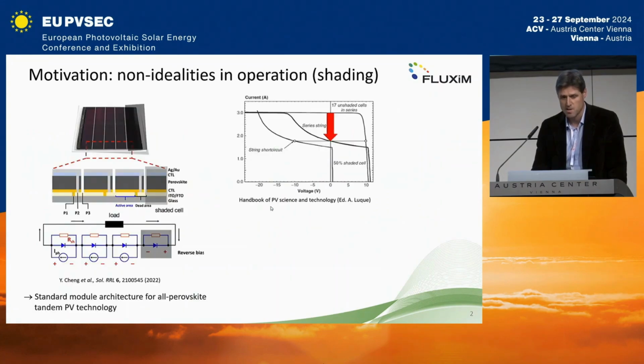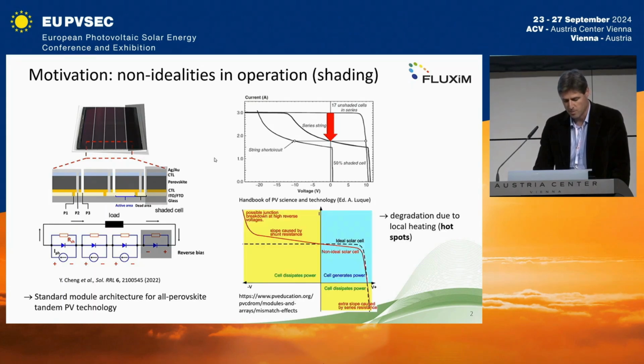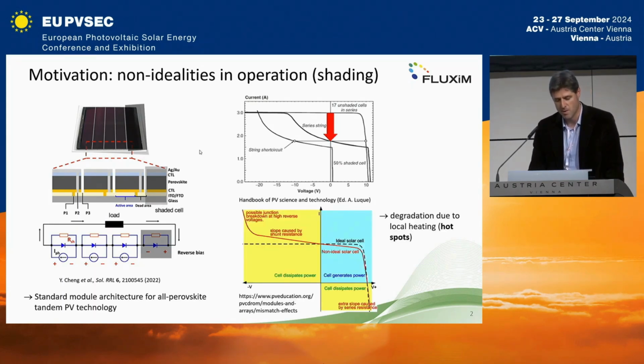And another issue that you always face when you have module integration is the issue of partial shading, especially reverse bias that you have on the shaded cell. Now for perovskite, the dissipation of power can be quite an issue, especially if it's happening localized, so if you have a hotspot.